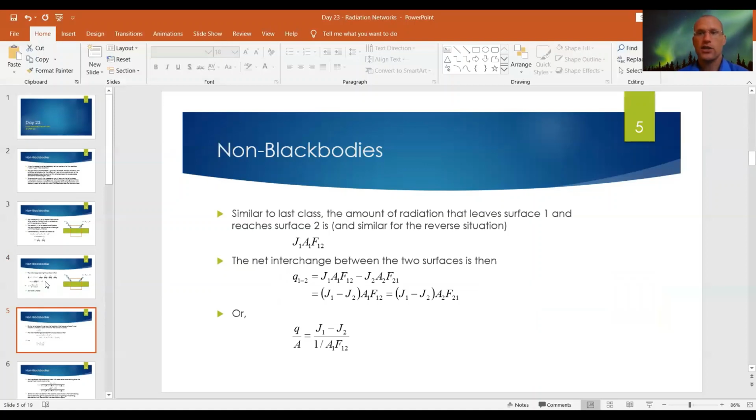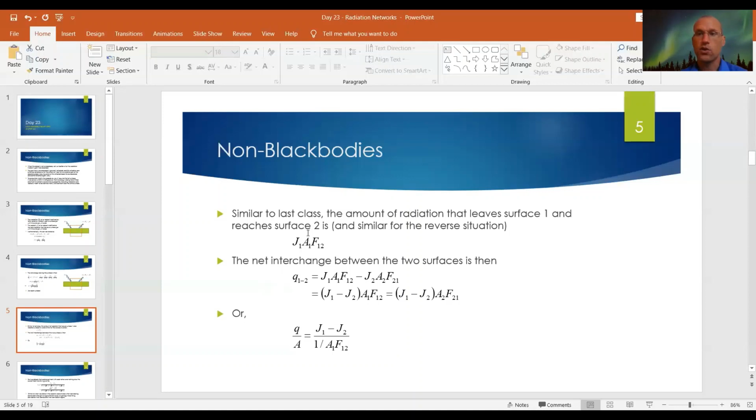Now, once that radiation actually leaves the surface, it has to go and interact with another object. And so if I have some energy leaving the surface per unit area, it has to then go and actually hit the second surface. So the total amount of radiation that leaves surface 1 and reaches surface 2 is J1A1 times F12. So again, total energy per unit area times the area times that shape factor, how much of it actually hits object 2.